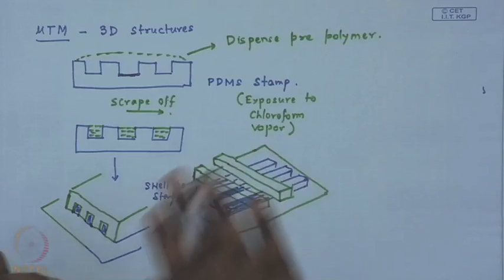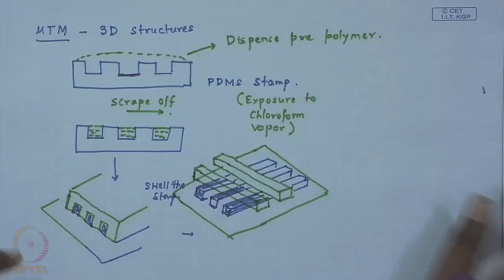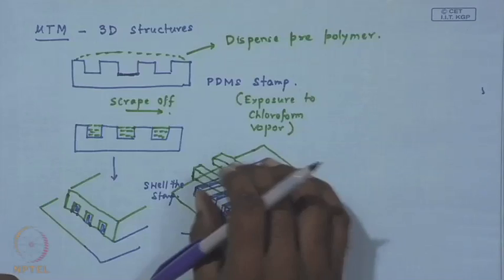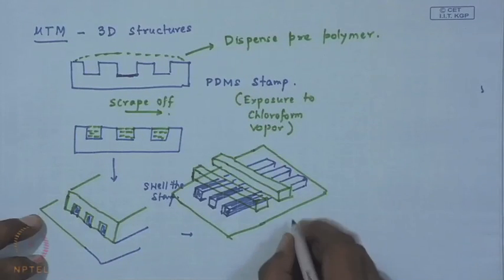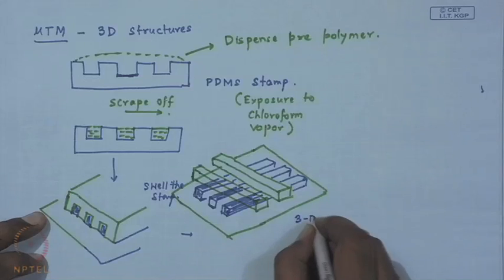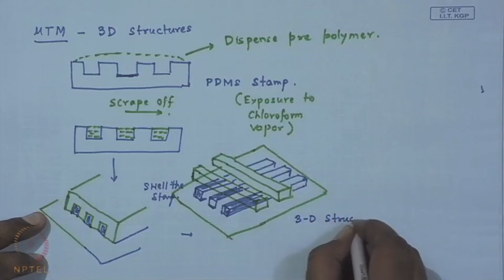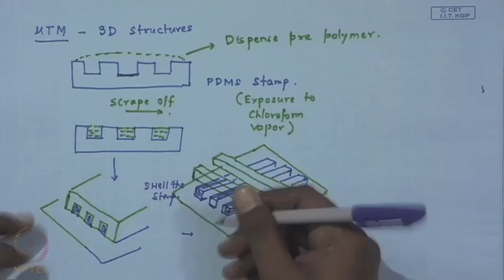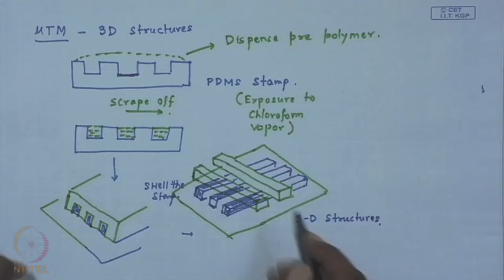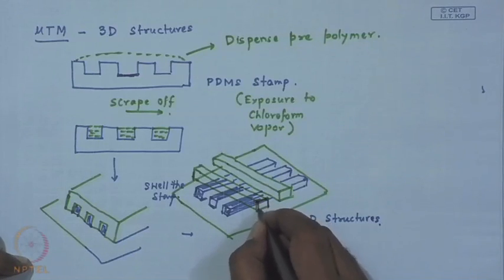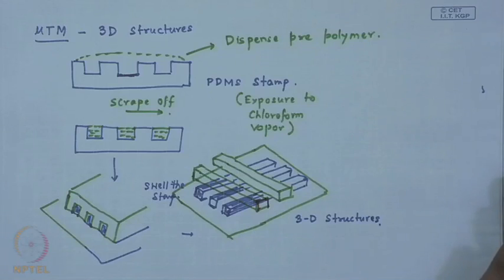so this way you can go on building in a way layer by layer and go on adding different layers. So, again the third layer can come in like this. So, this gives you the ability to create true 3D structures. The examples I picked up for ease of understanding is of course limited to the fact that you have taken a grating stamp, but you can start off with a more complex stamp and can have hierarchical features or other type of features by microtransfer molding.